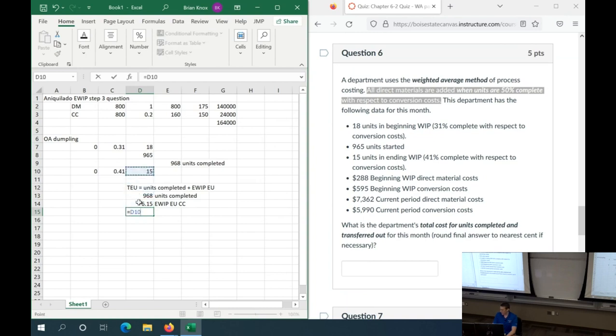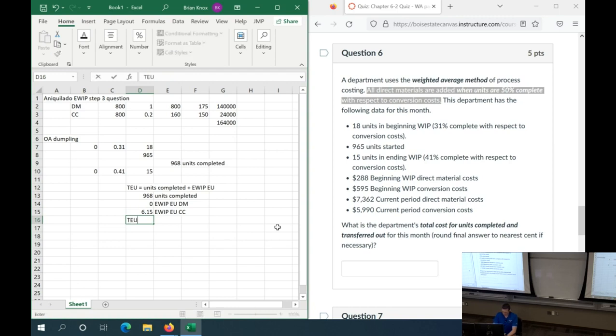And then we have 0 ending WIP equivalent units with respect to direct materials. For consistency, I'm going to flip those around because left to right are the percents here, and so top to bottom I'll go DM, CC. Sorry, dumb formatting thing I'm doing here. But anyway, those are still the same numbers, I just flipped them.